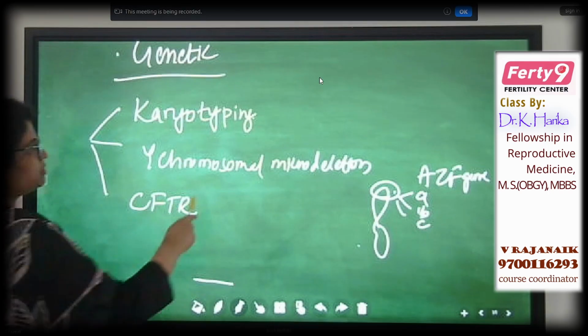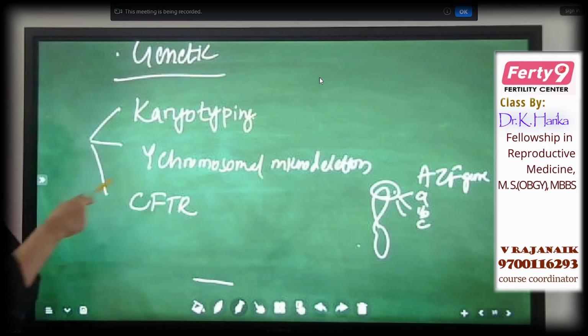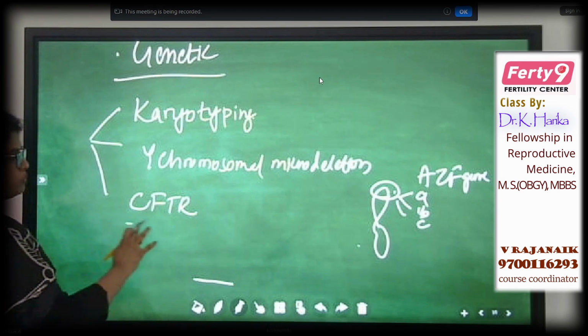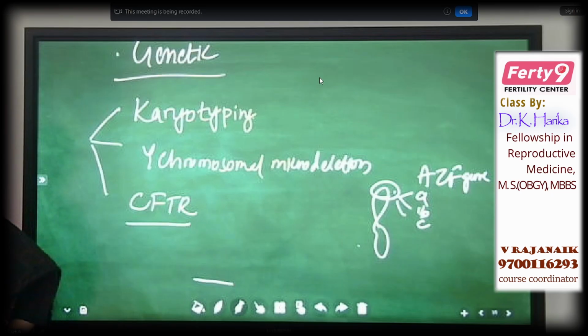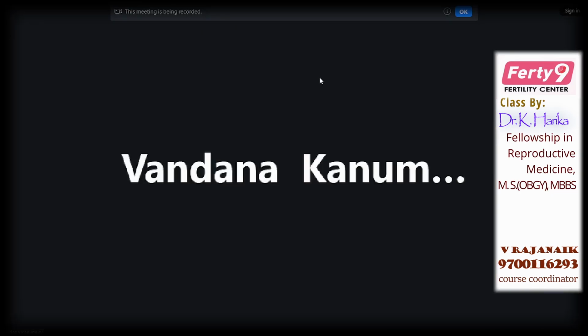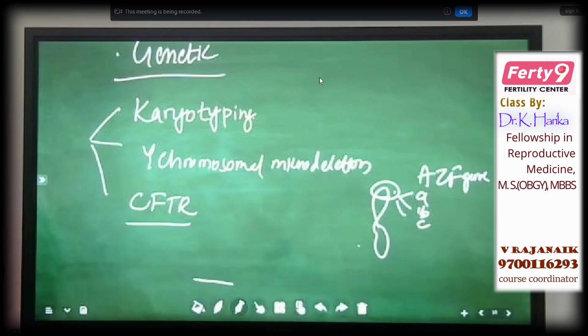Next, this categorization is usually for non-obstructive azoospermia only. In obstructive azoospermia, what will usually happen? Cystic fibrosis is there. Why? Because congenital absence of bilateral vas deferens is associated with cystic fibrosis. Cystic fibrosis is an autosomal recessive disorder.